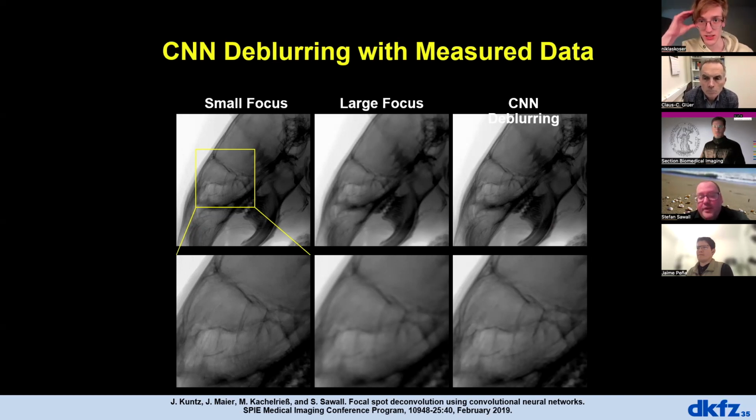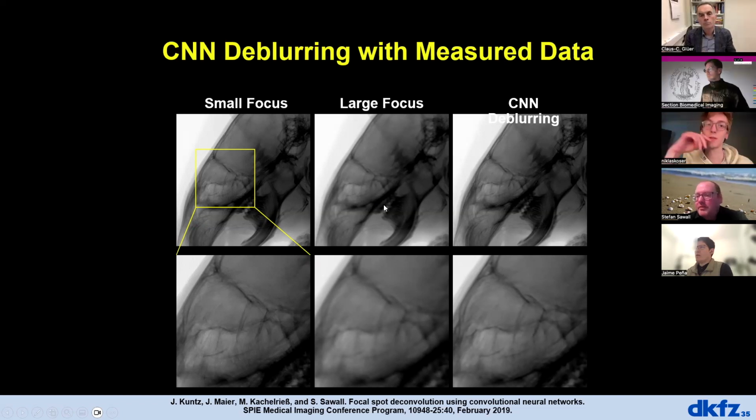That's a quite good question. I don't have a measure for anatomical correctness. That's, I guess, one of the major challenges when employing these neural networks. However, what we did here is we basically convolved a large focal spot towards a small focal spot. So we do not assume that anatomy changes much because this is basically just a sharpening of the image.